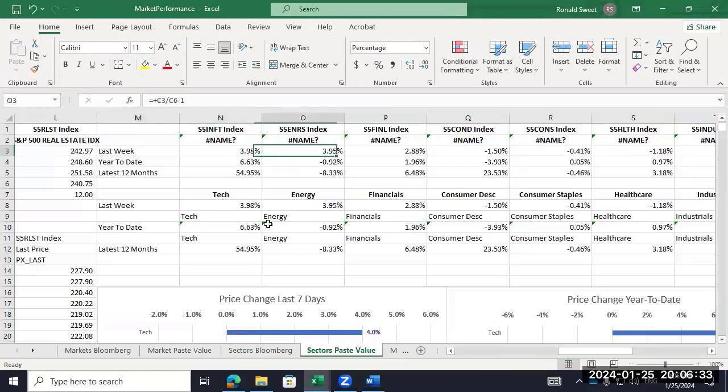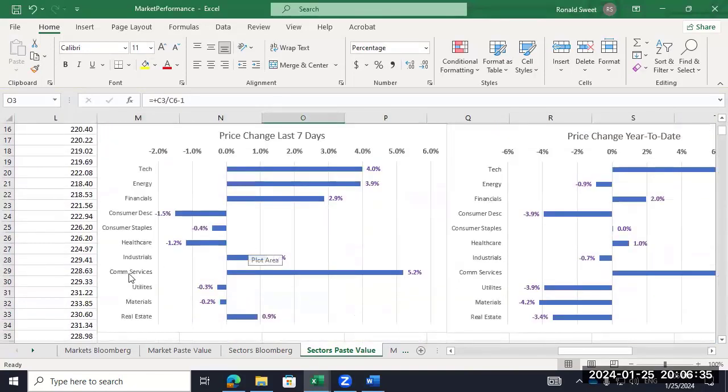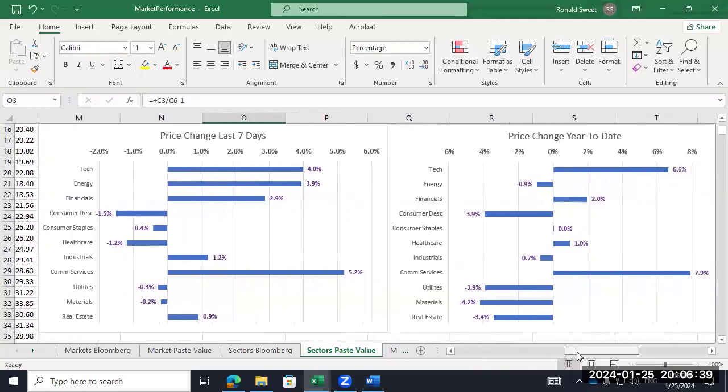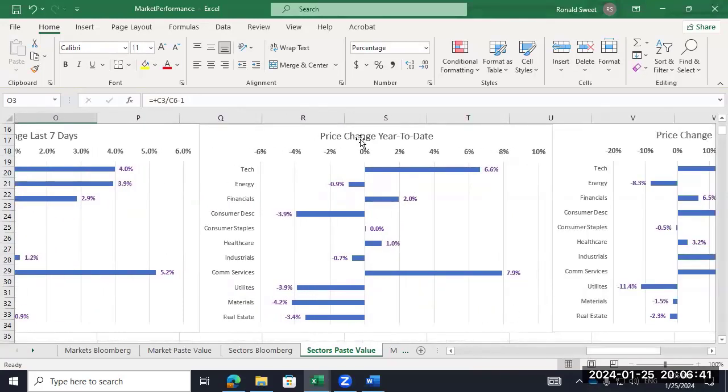One of my dashboards is on sectors. Do you notice any sectors that are negative this year? I don't think consumer discretionary is sensitive to interest rates, so I think that's just noise. But what about utilities? Utilities are very sensitive to interest rates. Why?